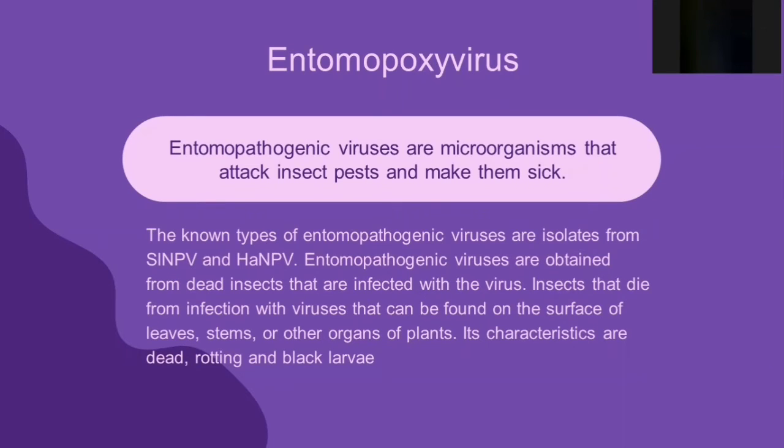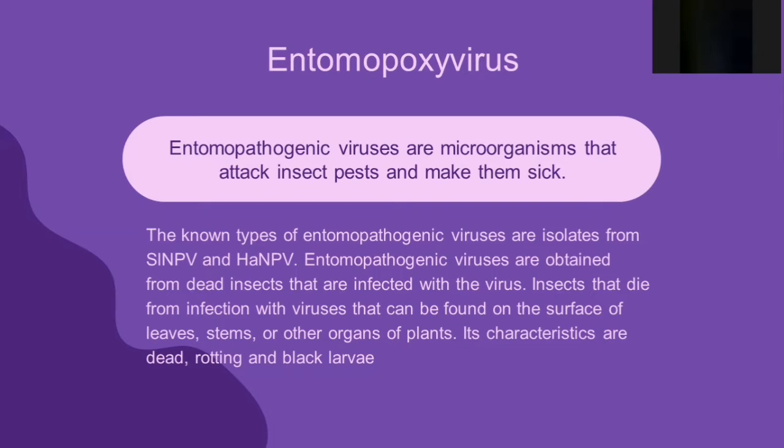Entomopoxvirus. Entomopathogenic viruses are microorganisms that attack insect pests and make them sick. The known types of entomopathogenic viruses are isolates from SINPV and HaNPV. Entomopathogenic viruses are obtained from dead insects that are infected with the virus.